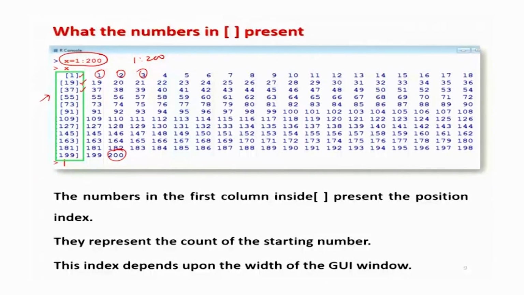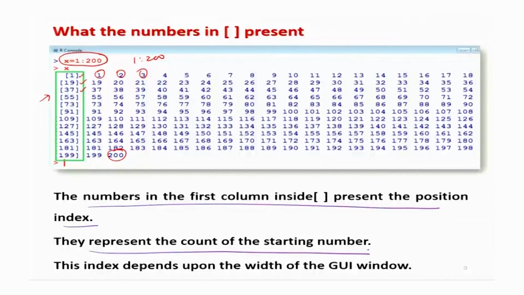The answer to this question is very simple. These numbers in the first column indicate the index or the position of the first number in that line. They simply represent the count of the starting number.